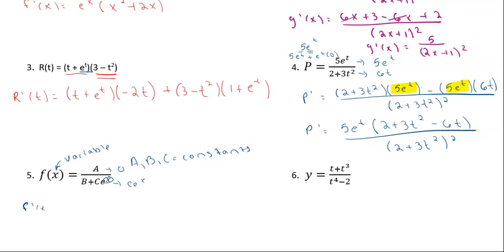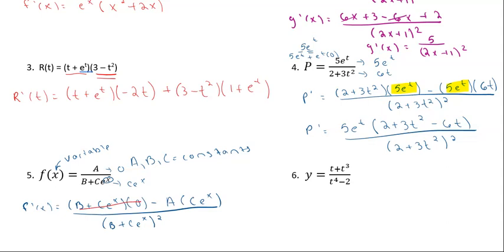F prime of x equals the bottom, so b plus c e to the x, times the derivative of the top, minus the top times the derivative of the bottom, all over the denominator squared. Well, it's times 0, so this whole thing goes away because it's times 0 because of that constant.